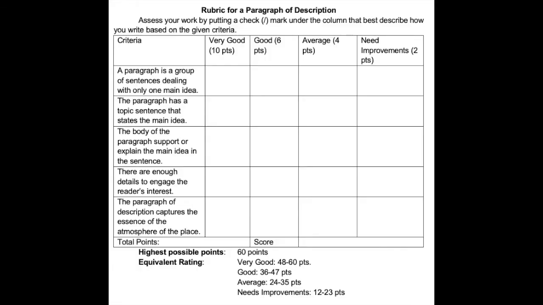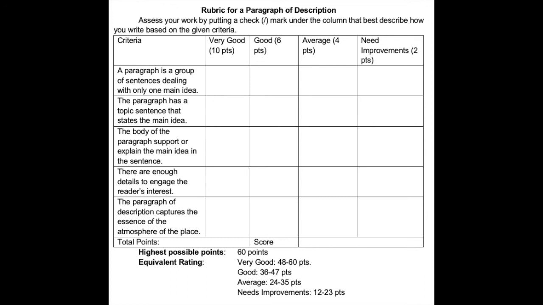Now, here's the rubric on how you're going to be rated. A paragraph is a group of sentences dealing with only one main idea. If you got very good, you will get 10 points. Good, 6 points. Average, 4 points. And need improvements, 2 points.